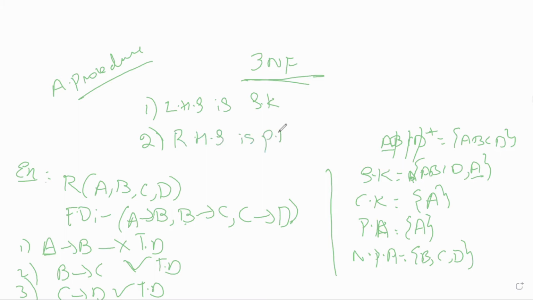This we have to check only for non-trivial functional dependencies. If any non-trivial functional dependency satisfies at least one condition from these two, then we can say that the relation is in 3NF.